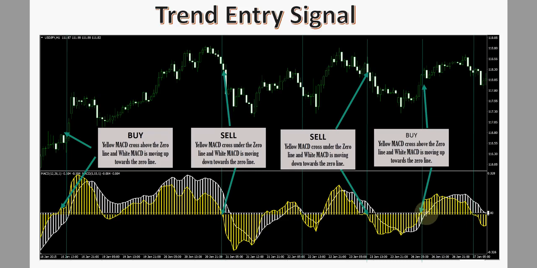And finally, we have a buy here because yellow has crossed above the zero line and the white is pointing the same direction. Note that we have a few other signals that we didn't show here because of space on this screen. There's a signal here, there's another signal here. So this is the trend entry signal. It is one of the reliable entry signals we will discuss today.